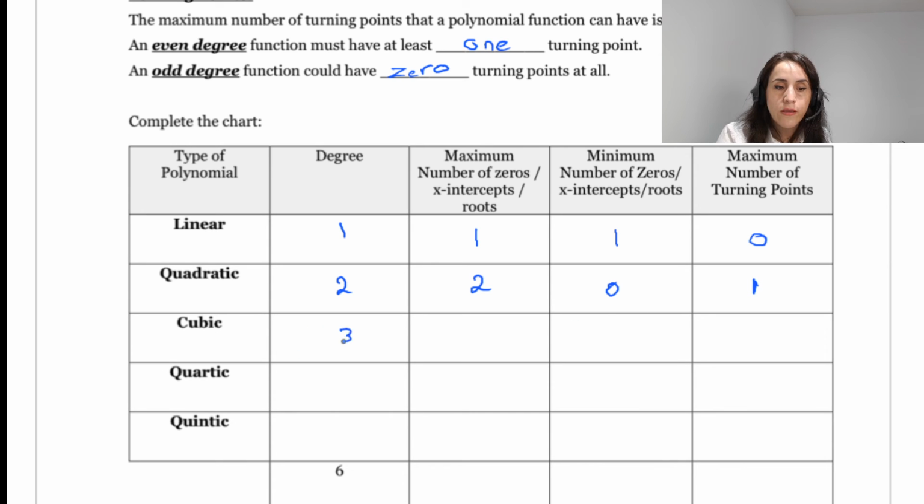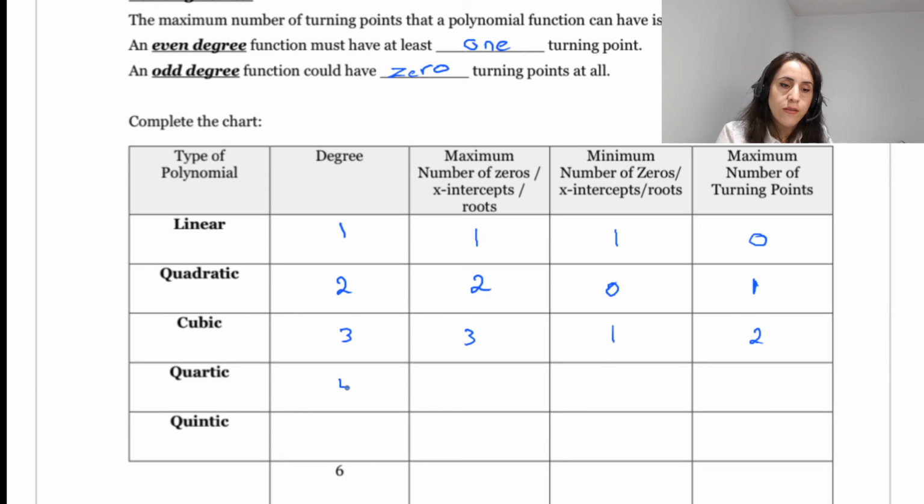Cubic function, degree 3. Maximum number of zeros always follows the degree, 3. Because the degree is odd, at least I'm passing the x-axis once. And the maximum number of turning points, the degree is 3, 3 minus 1 is going to be 2.